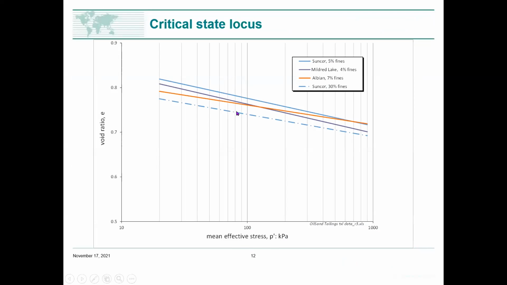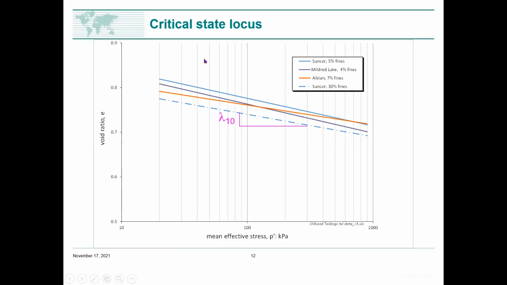These are Suncor tailings tested circa 1974 thereabouts, at 5% fines and 30% fines. The Mildred Lake one is the one we did a lot of testing on, we then being Golder, and Albion is more testing by Golder, where we've got more modern tests, which also give critical state lines.